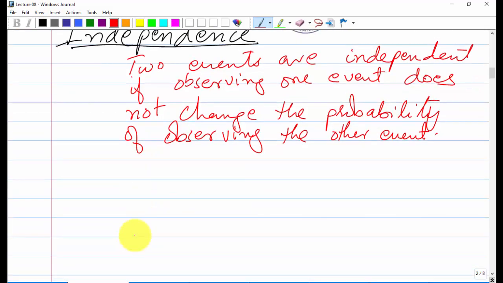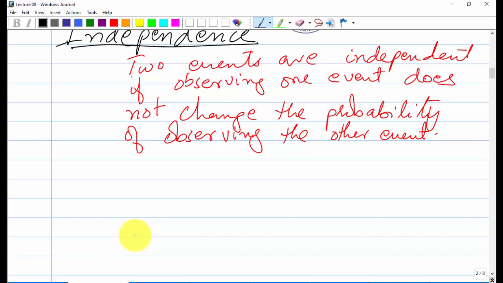It simply means that two events are independent. So if one event happens, it's not necessary that it will affect the other one. So that's called independence.